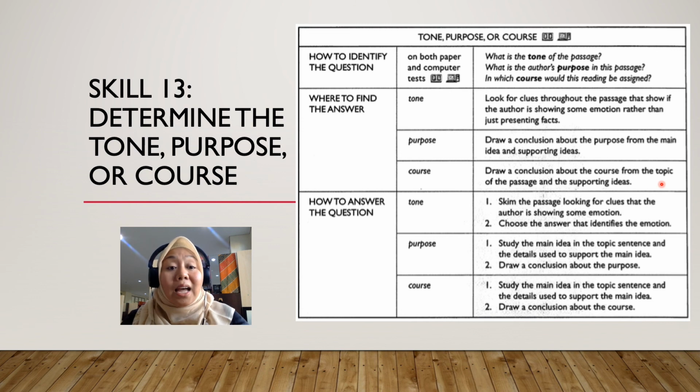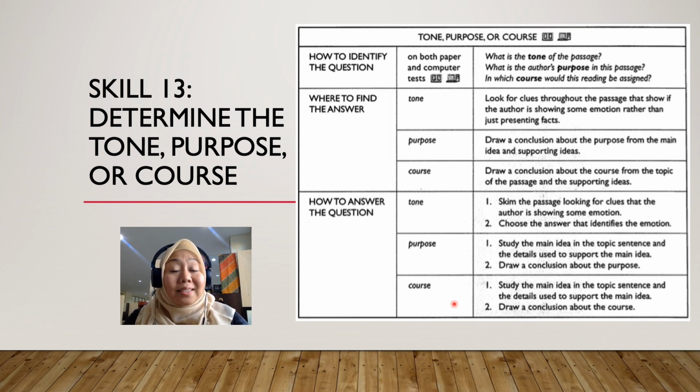And how to find the answers to these questions? For the question on tone, you skim the passage looking for clues that the author is showing some emotion, just like what I mentioned previously, and choose the answer that identifies the emotion. For the purpose, you need to really find out the main idea in the topic sentence and the details used to support the main idea, and then draw a conclusion about the purpose.